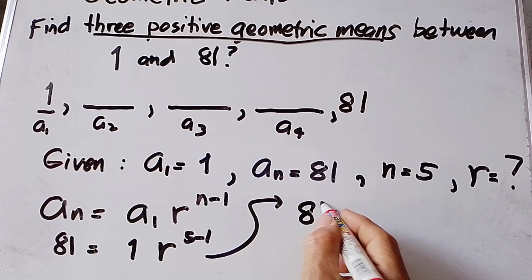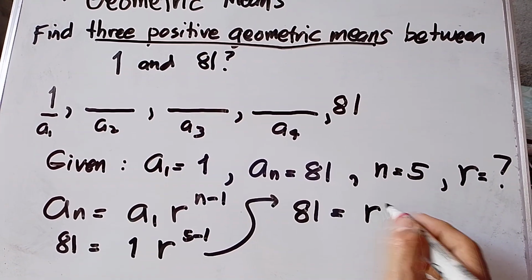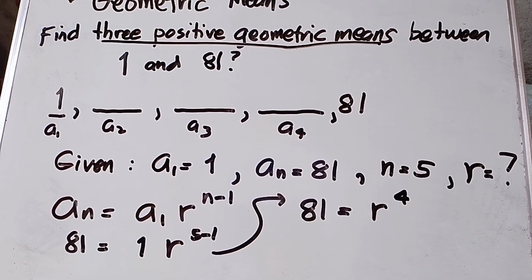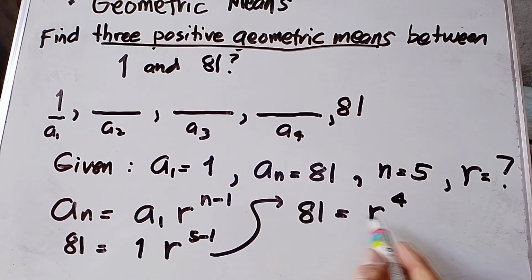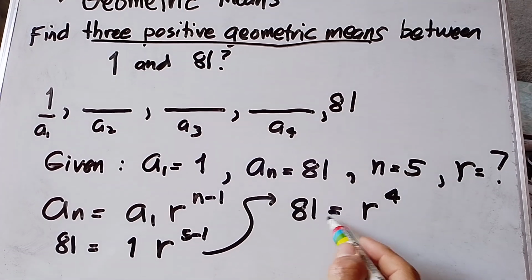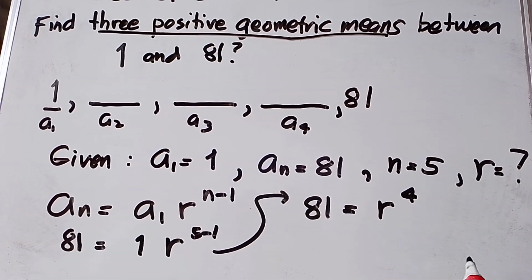So 81 is equal to r, 5 minus 1 is 4. Take note that there is an invisible 1 here, so if I divide 81, it will still remain 81. So I have here 81 is equal to r raised to the power of 4.